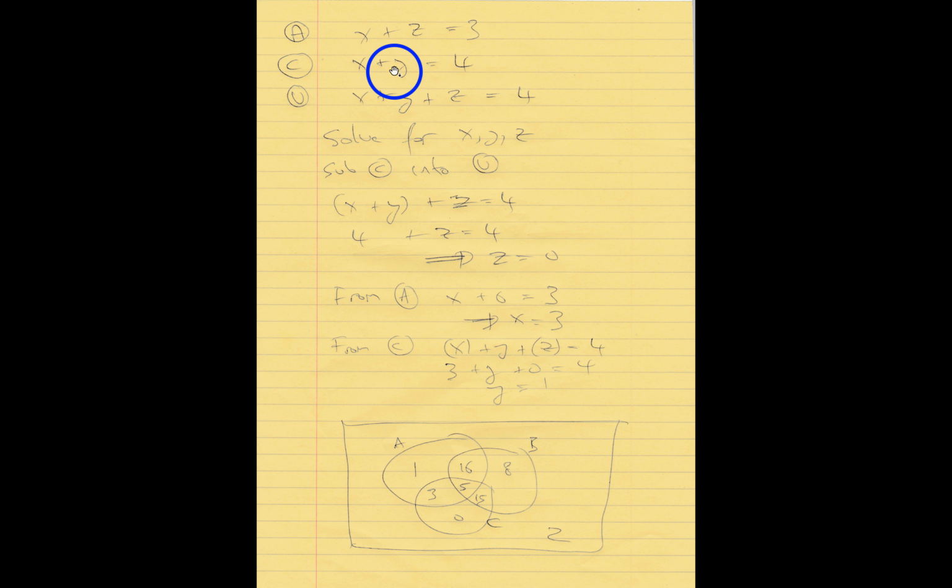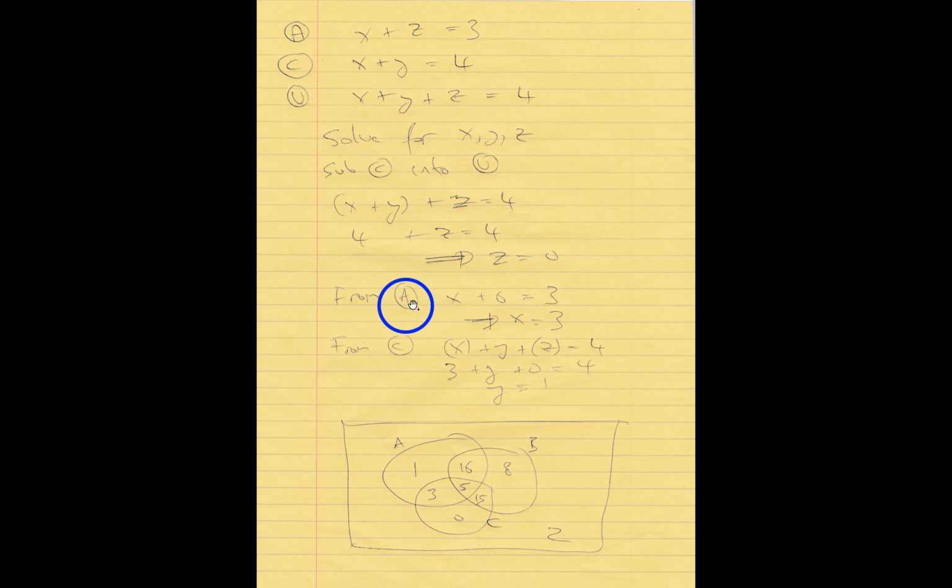So here I have x plus y equals 4. Here I have x plus y plus z equals 4. So I'm going to substitute x plus y equals 4 into here. This is what I do here, x plus y plus z equals 4. X plus y equals 4, so 4 here plus z equals 4 implies z equals 0. Right, so they've been a bit kind for you here, because z equals 0.